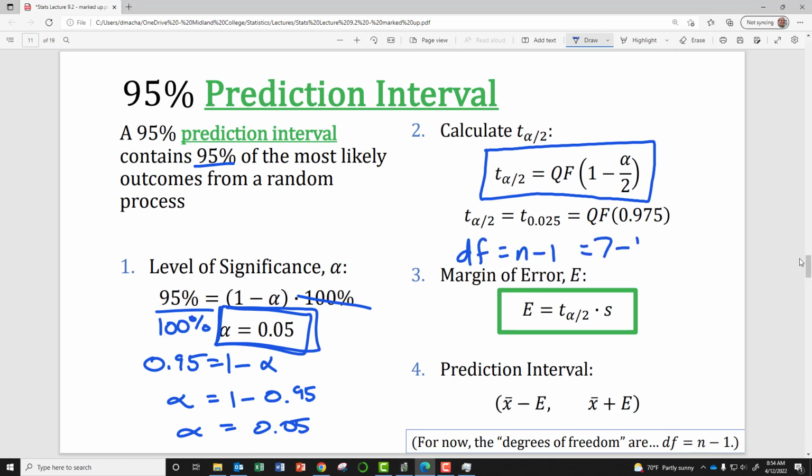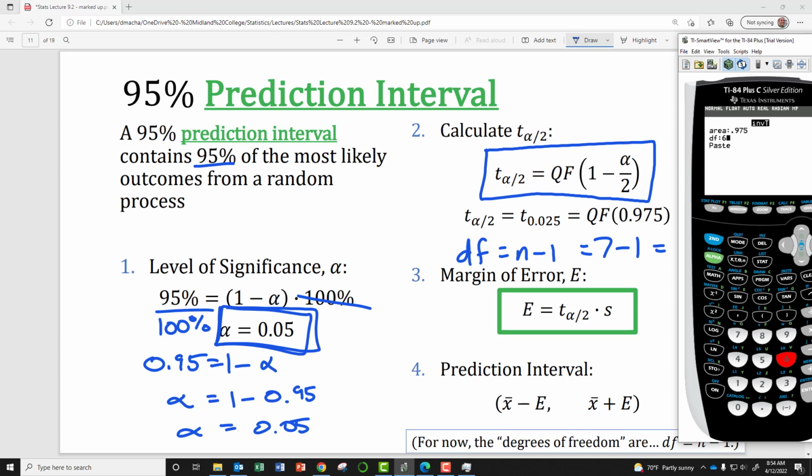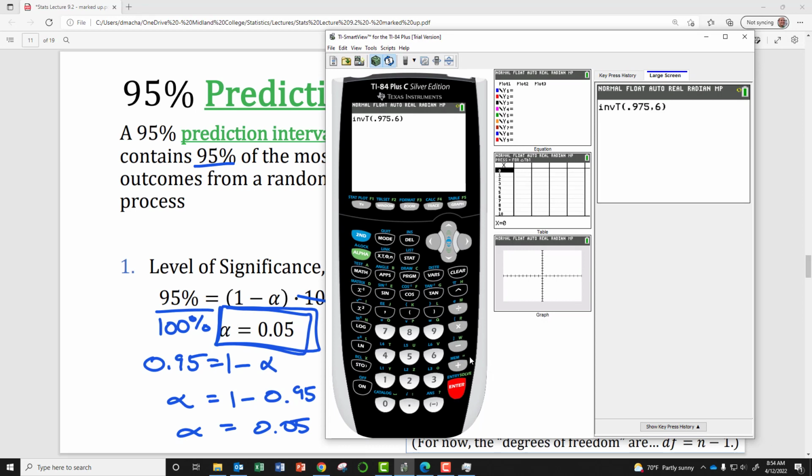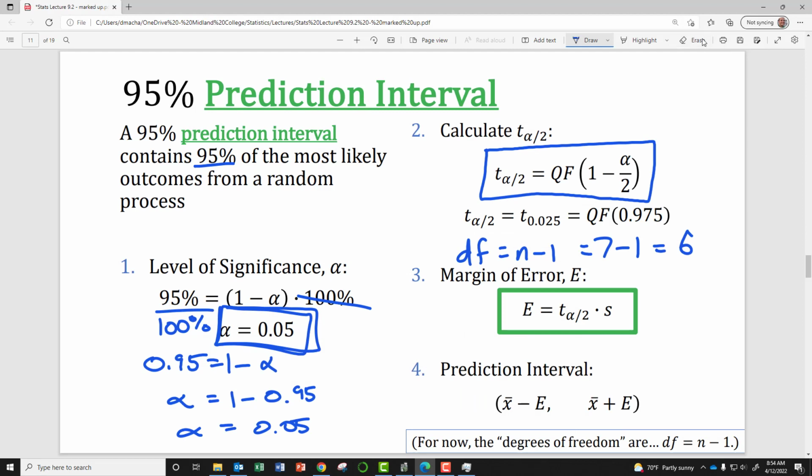So for me, that's 7 minus 1 because I took 7 measurements, and that is 6. So for degrees of freedom, we punch in 6. Then paste, enter, and then we get 2.45. So this t subscript alpha over 2 is going to be 2.45 for this example.